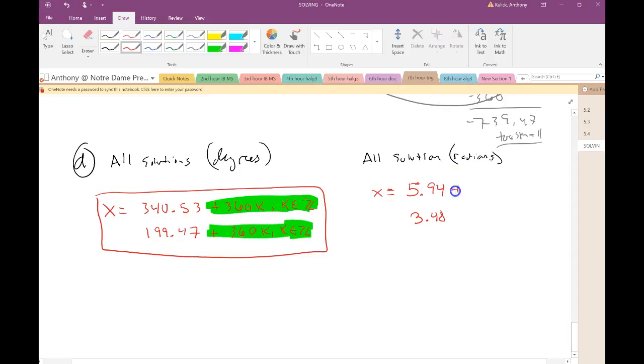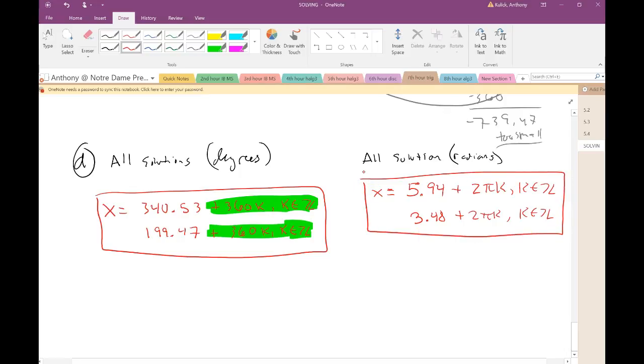So instead of putting plus 360k, I'm going to put plus 2 pi k. Will I do that every single time? Yes. So again, all we did was took our answer in radians and we wrote plus 2 pi k after it.